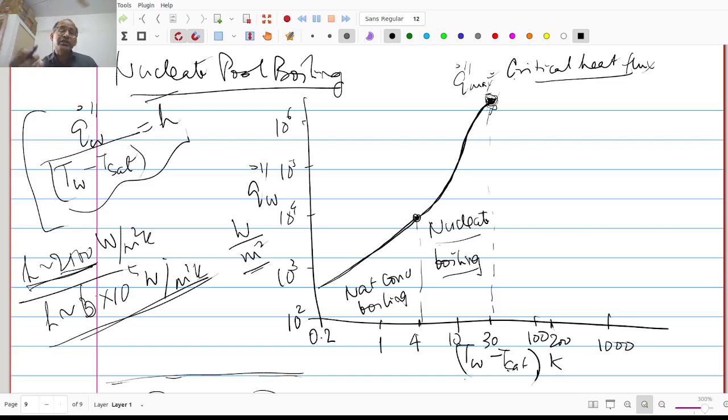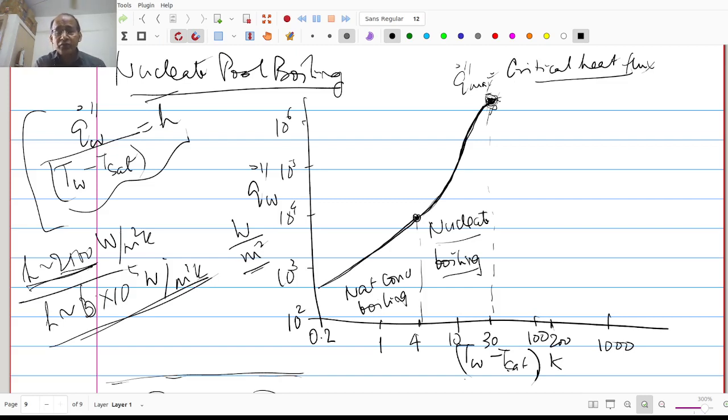Why is it called the critical heat flux? Because we said that the bubbles are small and discrete in this region, and as T wall minus T sat increases, the bubbles become slugs and columns, and they merge with each other, and eventually after this point the heat flux starts coming down because a stable film of vapor gets formed after that.